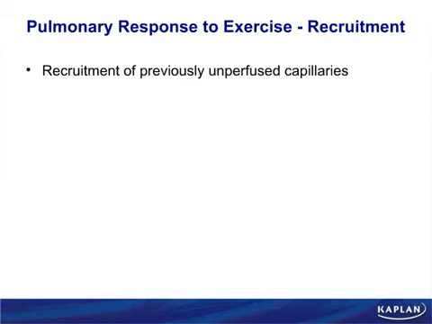You have to remember, you have millions and millions of alveoli, and these are surrounded by billions and billions of capillaries. That's a lot. Some of these capillaries aren't being perfused at rest. And so as pulmonary blood flow goes up, we start recruiting these unperfused capillaries.